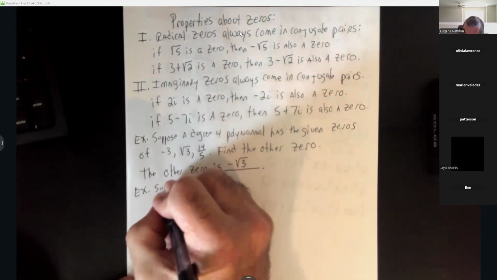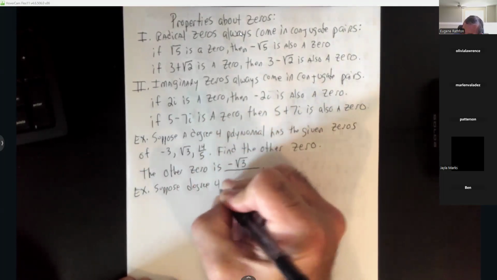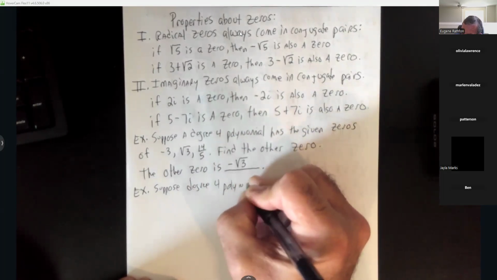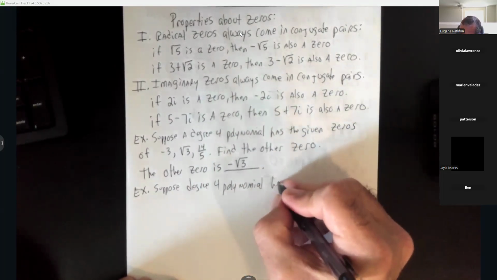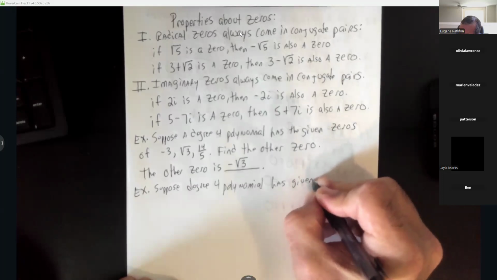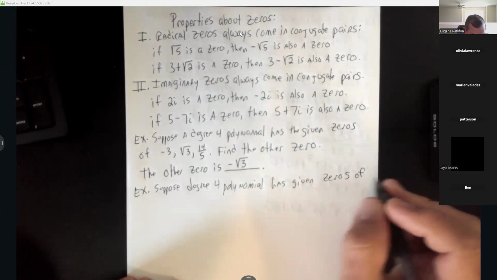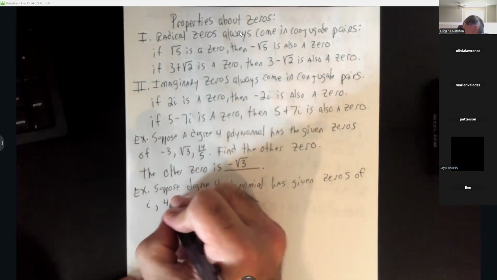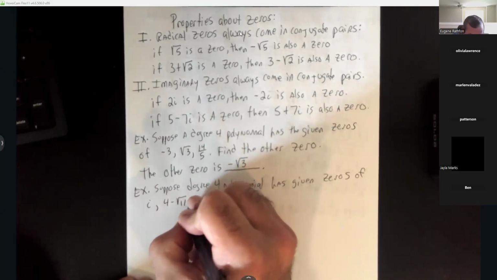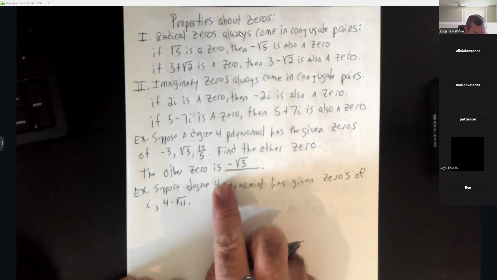All right, suppose a degree 4 polynomial has given zeros of i and 4 minus square root of 11. So they're giving me 2 zeros out of the 4.